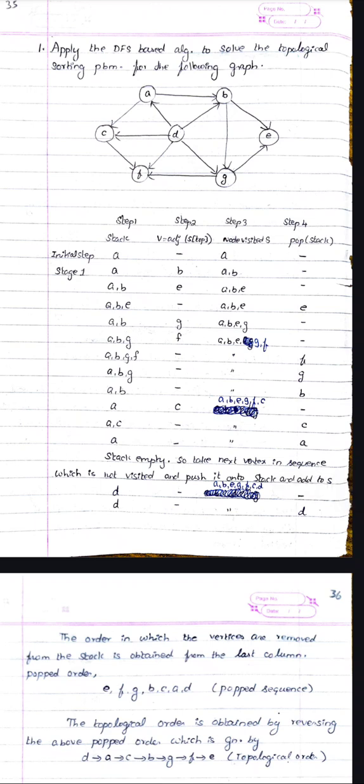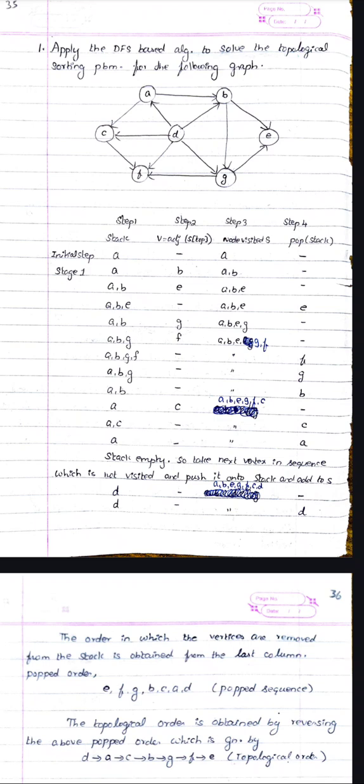Then we pop E, because E doesn't have anything adjacent at the next. Adjacent of E is nothing, so we pop E. Then it goes back to B. Then it goes to G.